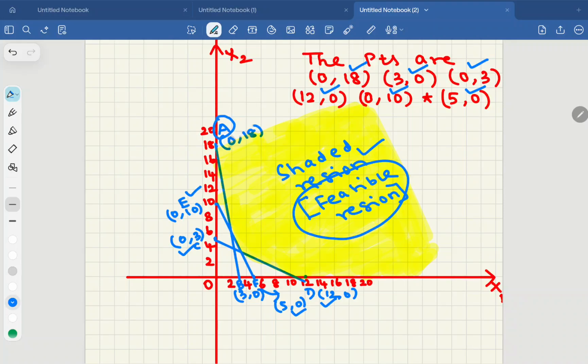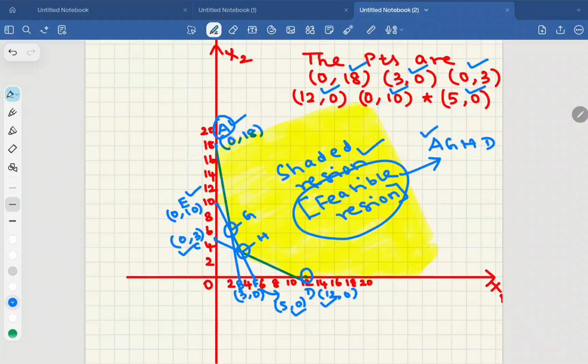Therefore, the feasible region is near the point A. We have to find these two intersecting points, and the nearest to the region, the point is D. Mark this point as G, this point as H: A, G, H, D. This is our feasible region.